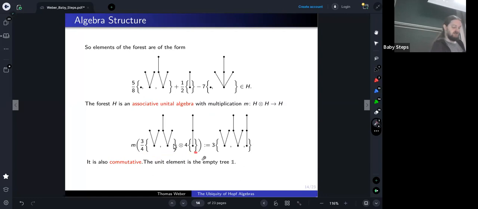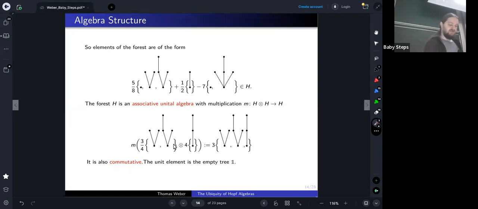We just take those sets here and make one set as a combination of those. Sorry, for example, if one element in this set of multiplied trees is the same, we will repeat it? Yes, or you can write a 2. Okay. And it's easy to see that you have commutativity. And the unit element is just the empty tree, so the empty set.